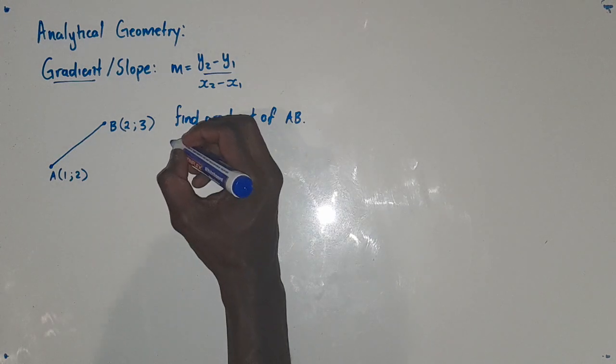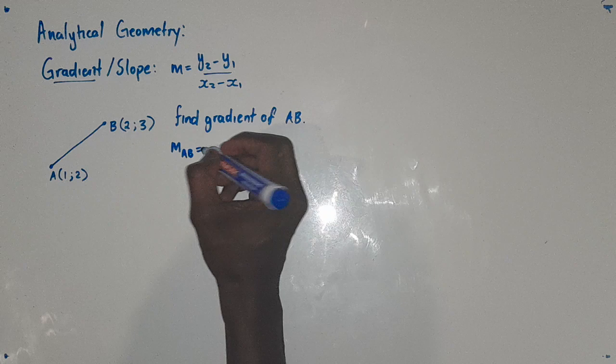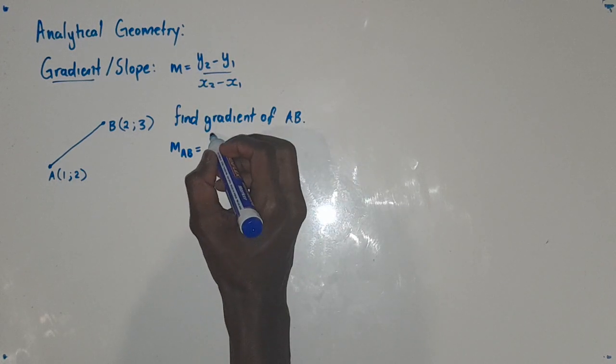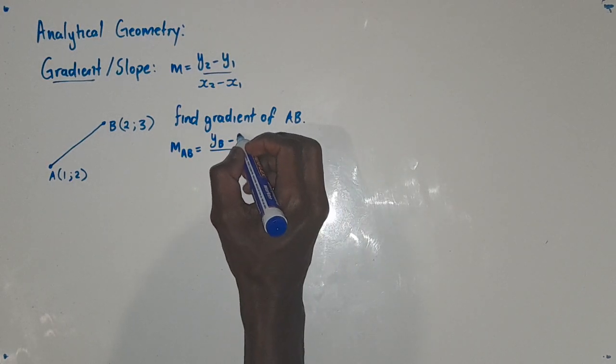So simple. We consider the formula. We write AB somewhere here. Where you see 2, you can write B or A if you want to.